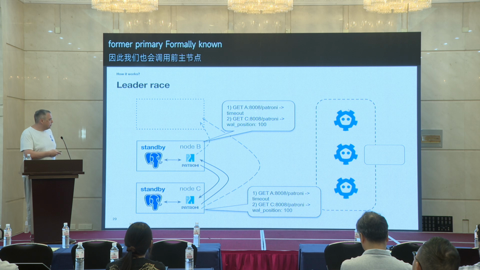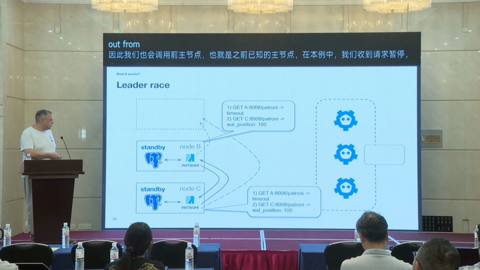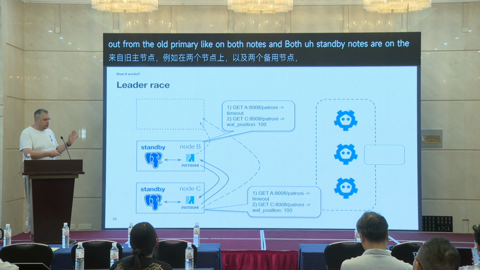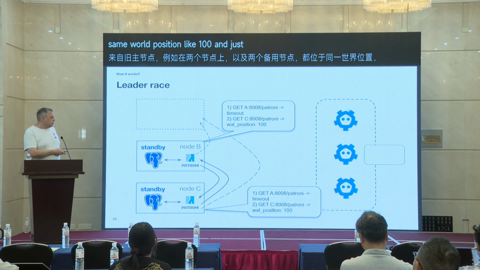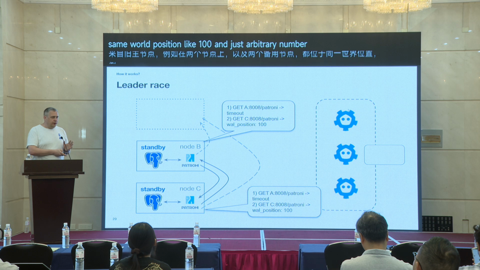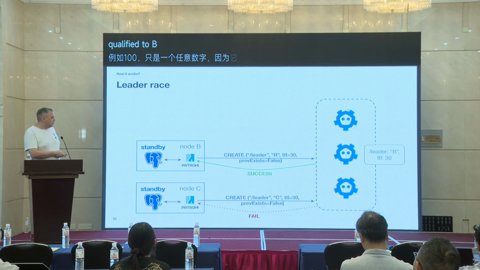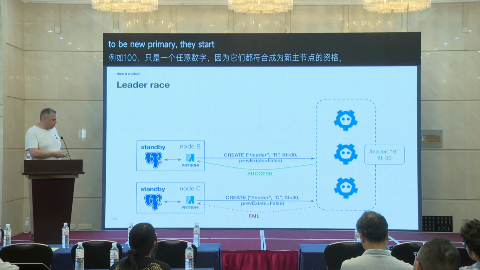In this example, we get a request timeout from the old primary on both nodes, and both standby nodes are on the same WAL position, 100, just an arbitrary number. Since they both qualify to be the new primary, they start creating the leader key in etcd.